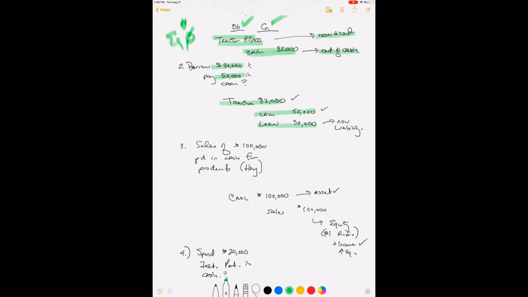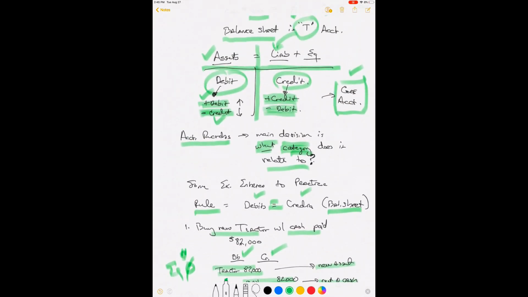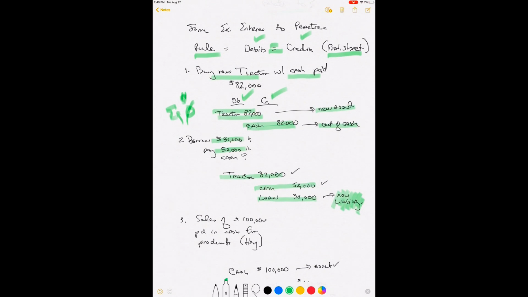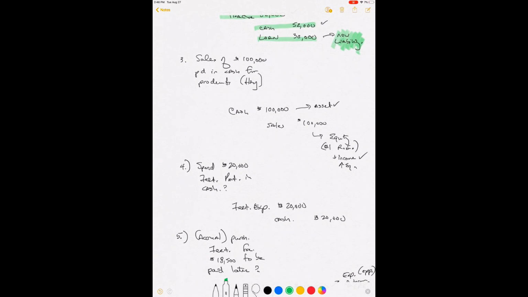So that leaves $30,000 still there, but that's a loan. So that's going to cause my assets to go up by $82,000. My cash is going to go down, which leaves $30,000 of increase, but that asset equals my liabilities of $30,000 as well. So once again, equity does not go up. It's the same net result. It's not affecting equity.